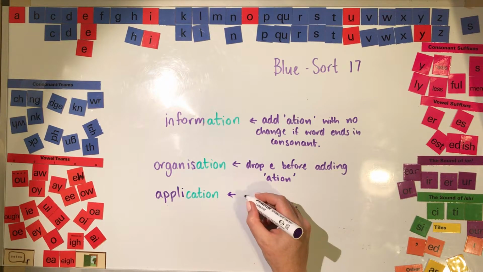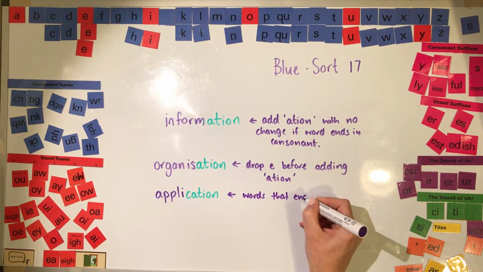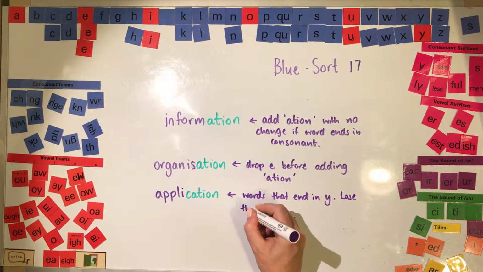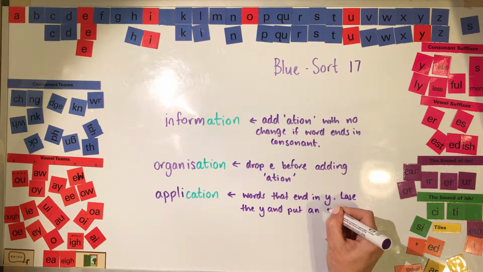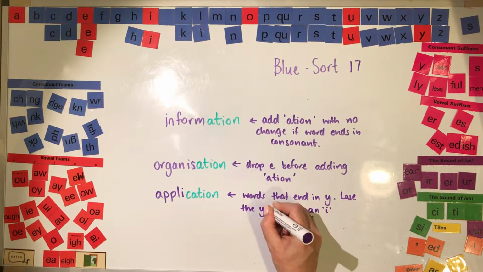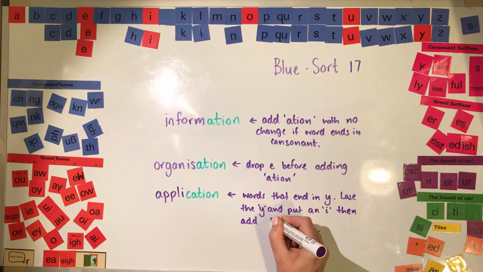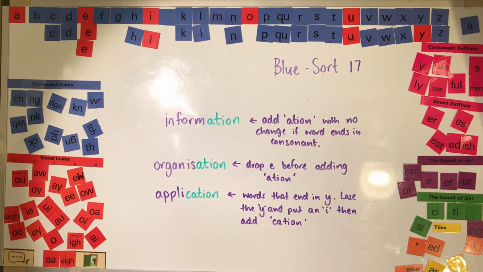So words that end in Y, we lose the Y and put an I. Then add cation. Okay, so there'll be a few examples of words that end in Y. Y goes away, I comes back, and we add cation. Pretty straightforward, really, once you understand what you're doing.